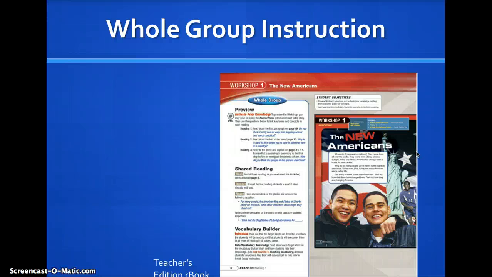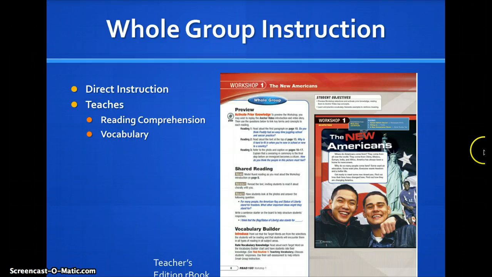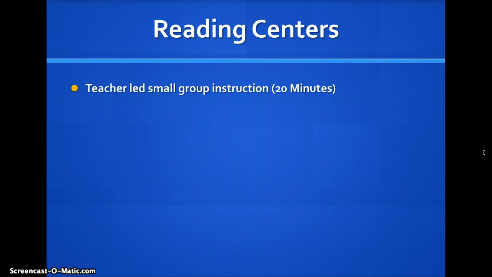Whole group instruction is led directly by the teacher and teaches the skills of reading comprehension, vocabulary, writing, and grammar. The reading centers, there are 3. The first is a teacher-led small group instruction, which is great because the teachers can differentiate to meet the needs of the learners in that group.